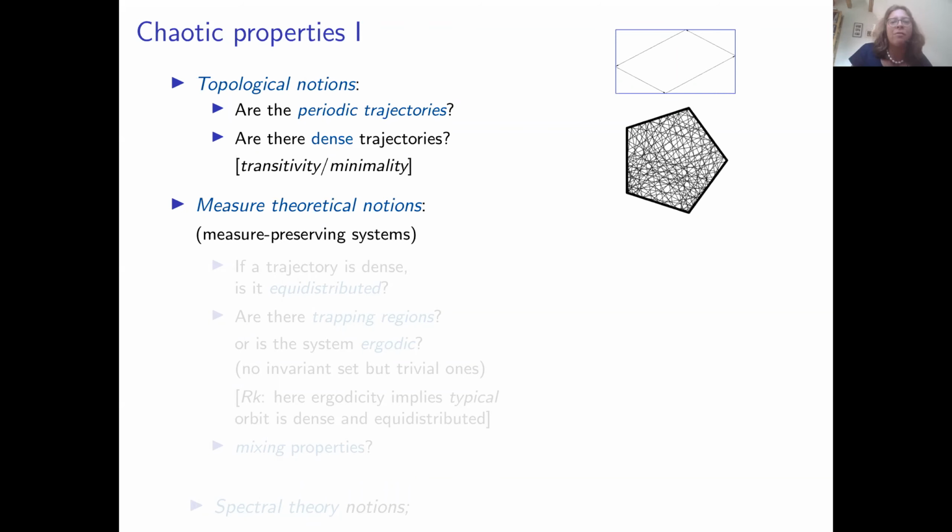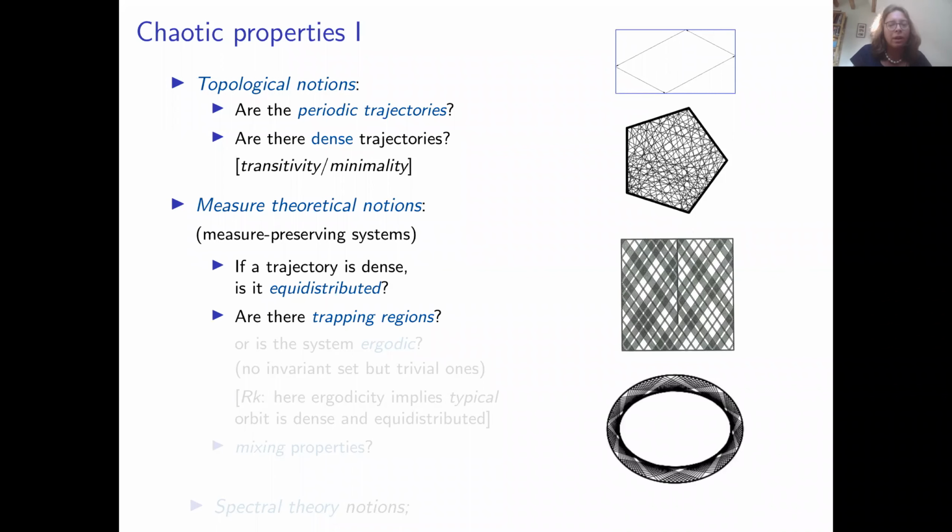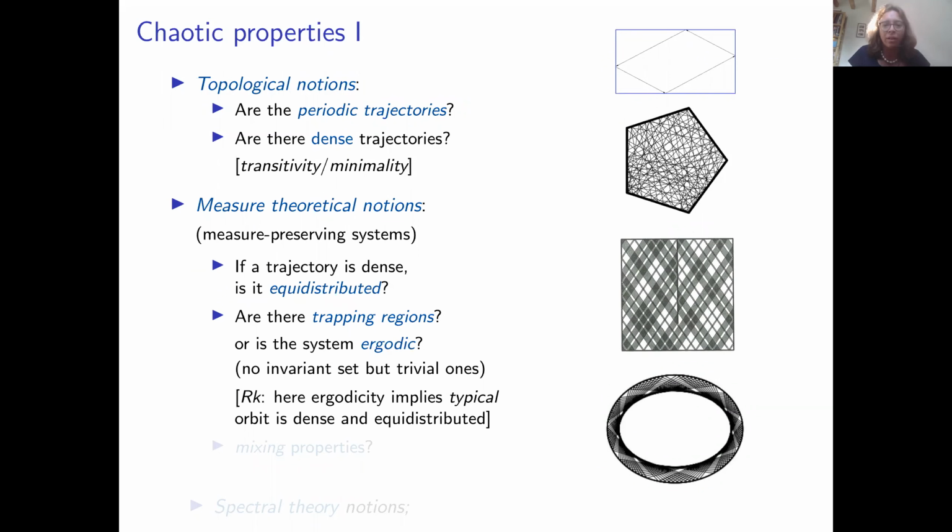Then we can have ergodic theory notions, so we can study if there is an invariant measure, we can study equidistribution of trajectories and ergodicity. So we can ask if the system is ergodic, so if there are no trapping regions, no non-trivial invariant sets from the measure theoretical point of view.